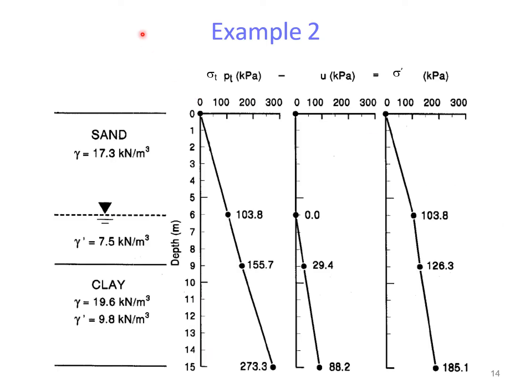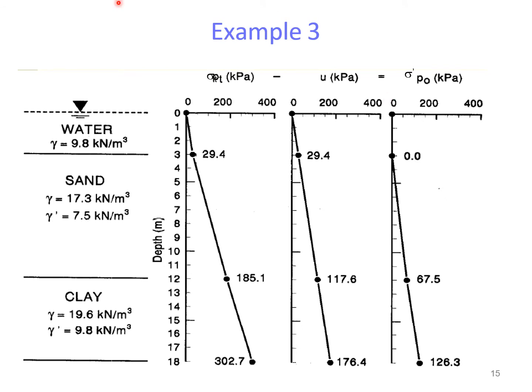Now here another example, the soil profile, and by carrying out that analysis you can draw the total stress diagram, the pore water pressure diagram, and the effective stress diagram like that.